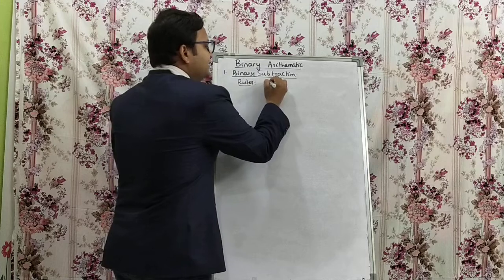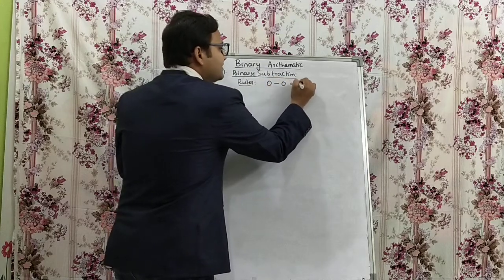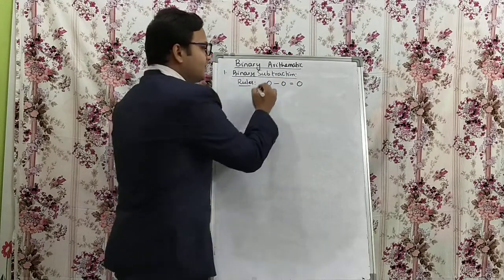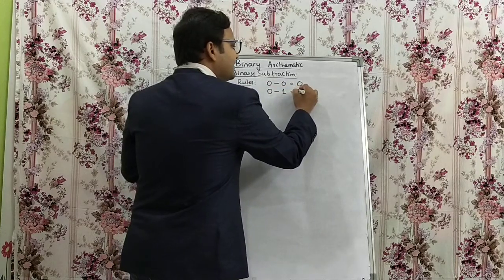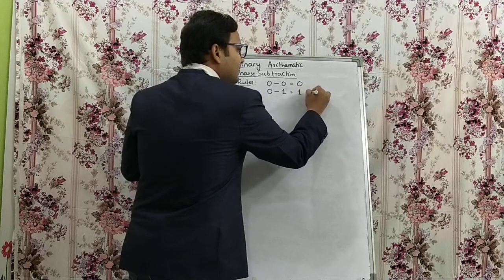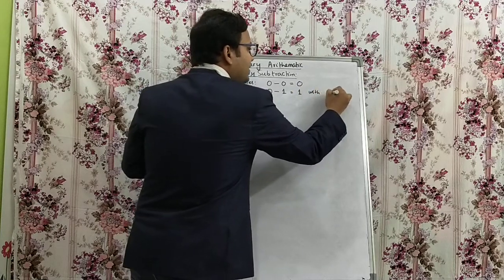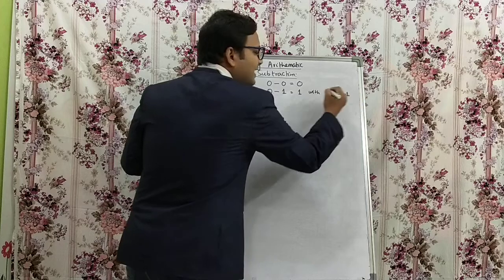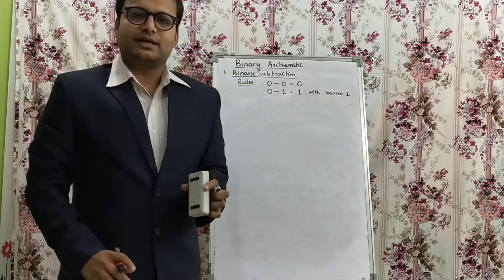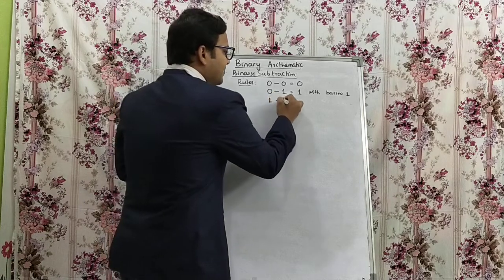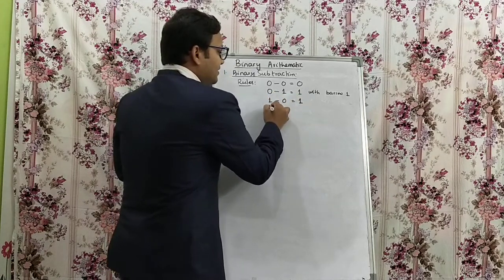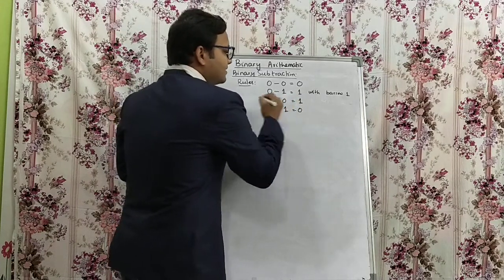What are the rules? 0 minus 0, the difference is 0. 0 minus 1, the difference is 1 with borrow 1. Next, 1 minus 0 is 1. 1 minus 1 is 0.